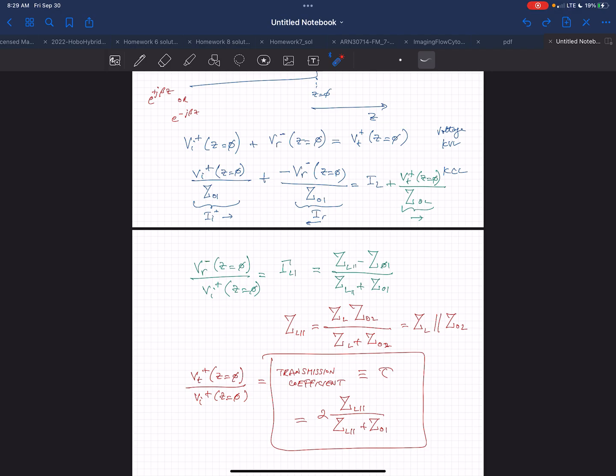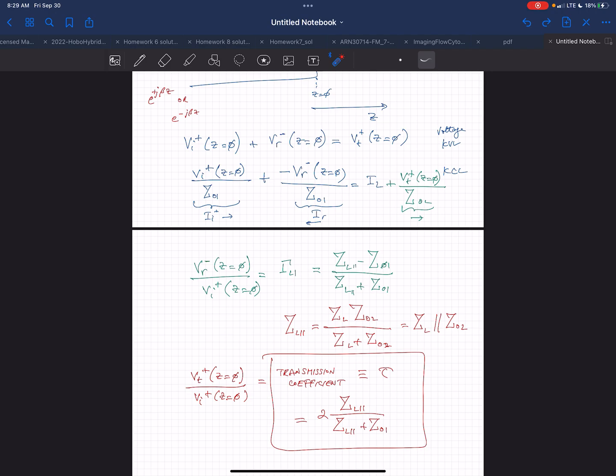Okay, if I was going to give you guys a recommendation, it's to remember the reflection coefficient of a transmission line equation for the rest of your life. That's ZL minus Z0 over ZL plus Z0. You're going to use that probably for the rest of your life. The transmission coefficient, I don't really remember it.